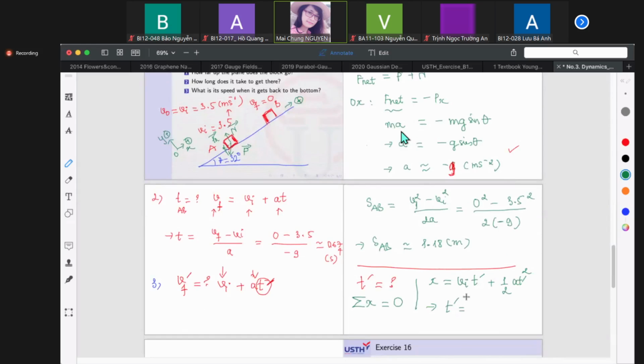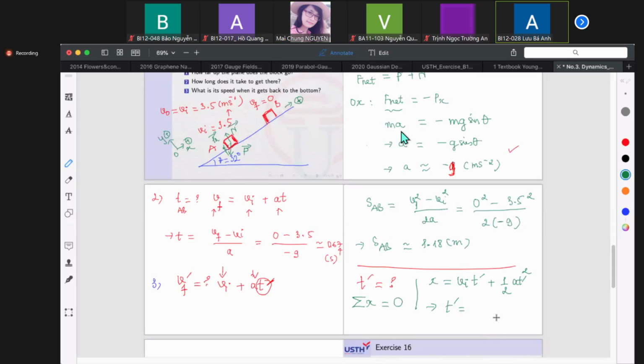If you know T prime, you can substitute here to compute VF prime, the final speed when the object moves from A to B and back to A. That's the idea for question number 3, right? So could you show the value of T prime?